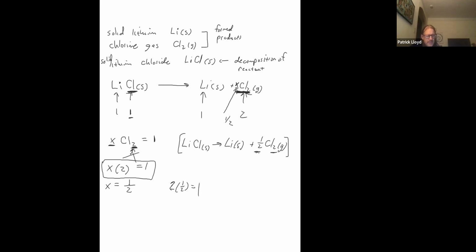So what I'm going to do is multiply everything by 2. 2 LiCl goes to 2 Li plus Cl2. I've got to multiply everything. And then that gets rid of the half. If it's not a half, it's 1. Okay? Now it's still balanced, but now you've got whole numbers. 2 lithiums, 2 lithiums. 2 chlorines, 2 chlorines, all right?